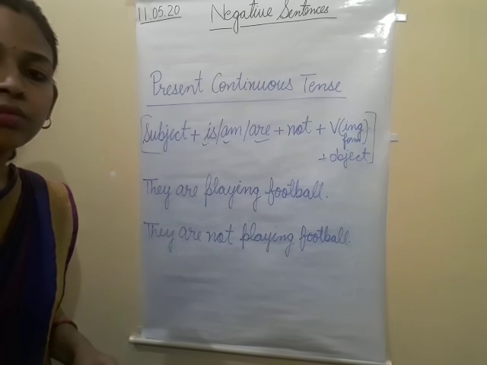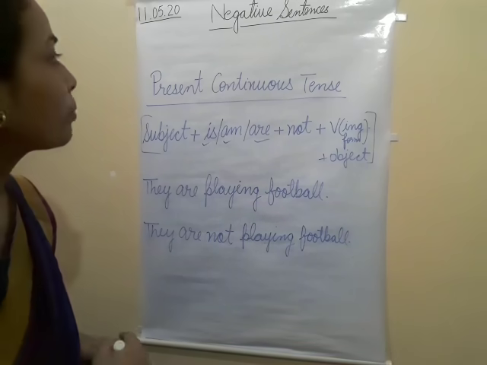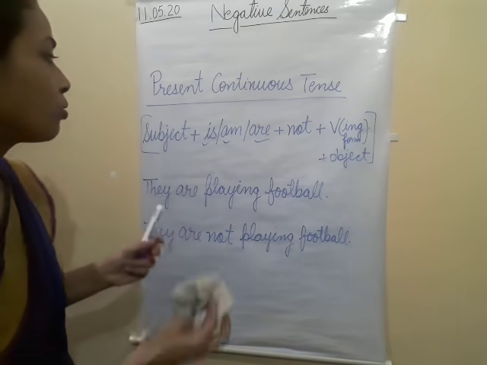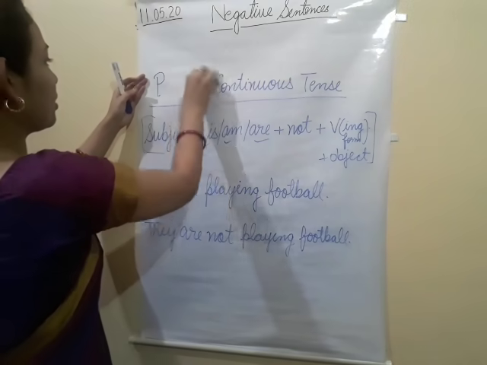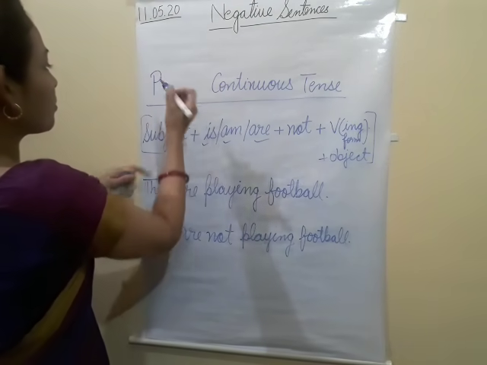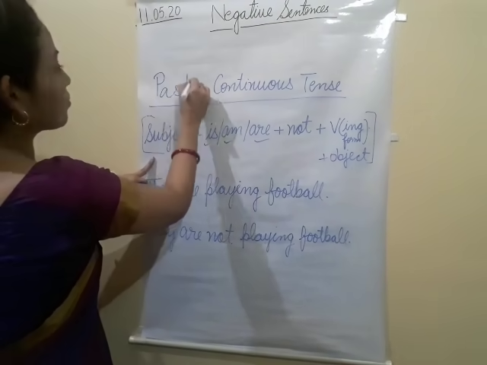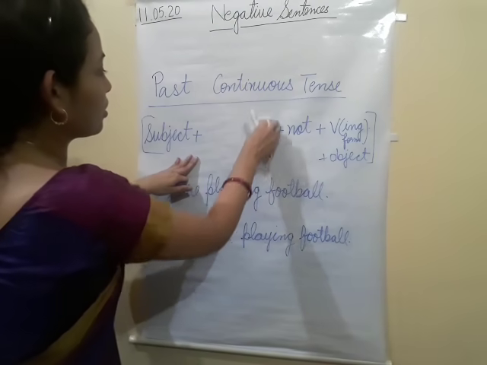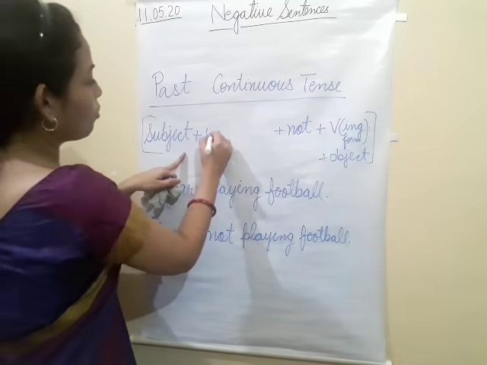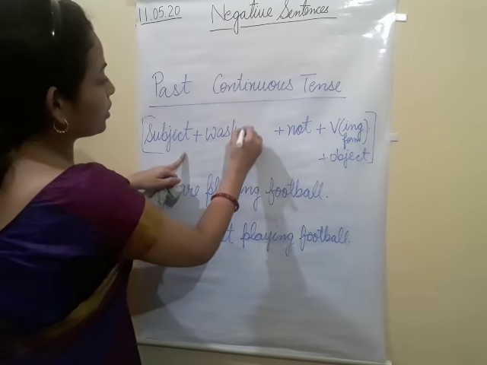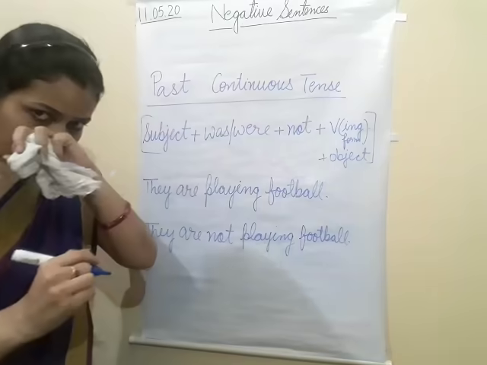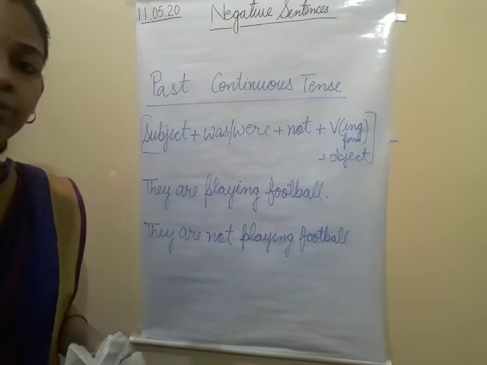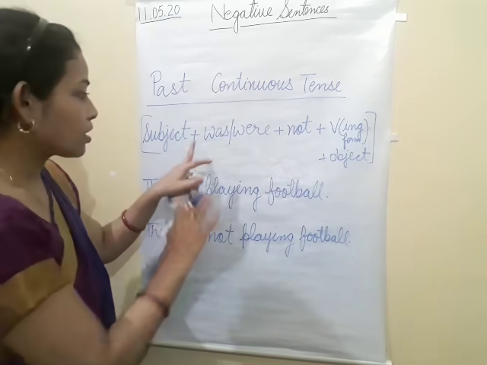Okay. Now let's start with the past continuous tense. So I am not going to change much. Here it will be past. And here it will be was, were. Rest will be the same.